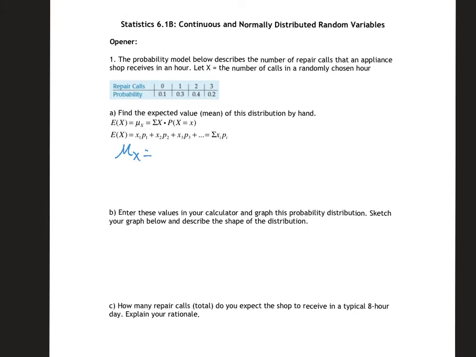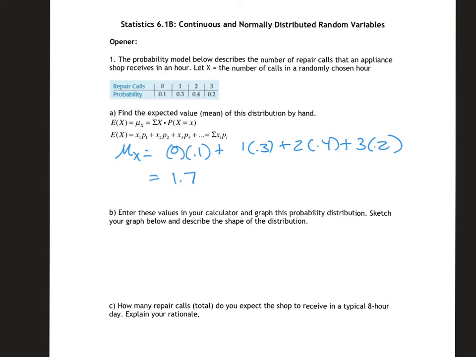You take each of the data points, and this is for discrete, and you multiply it by its probability. So 0 times 0.1, plus 1 times 0.3, plus 2 times 0.4, plus 3 times 0.2. We end up getting 1.7, which means the expected number of calls per hour is 1.7 calls.